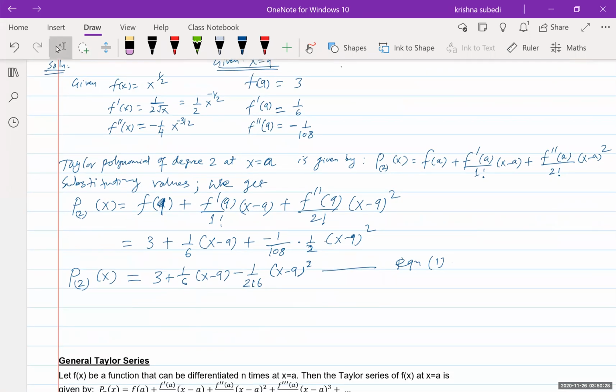How do we do that? It's the same idea that we did earlier, okay? So first of all, we need to figure out what is the value of x.